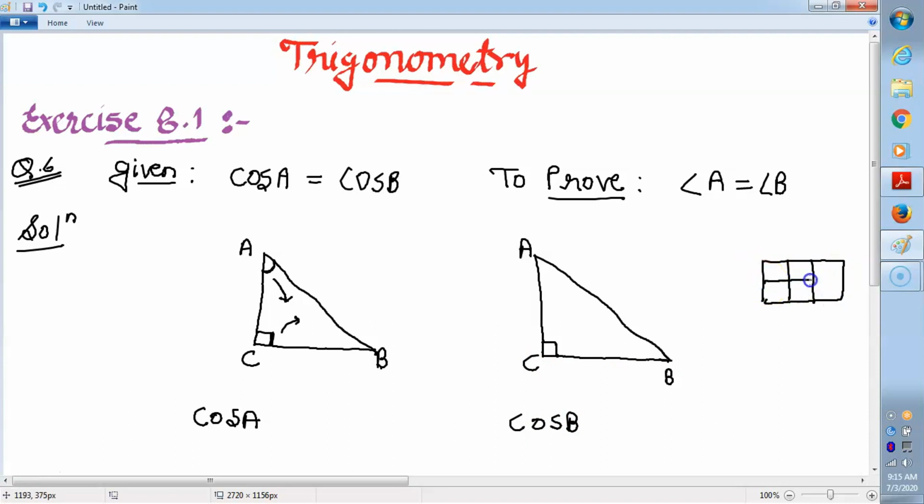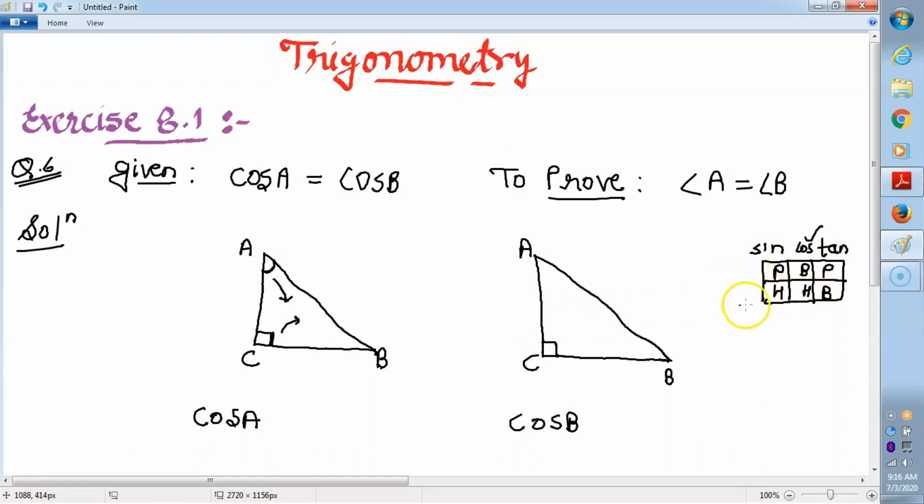What is the table? PBP and HHP. Correct? First one is for sine, second one is for cos, and third one is for tan. In our question, we'll use cos only.